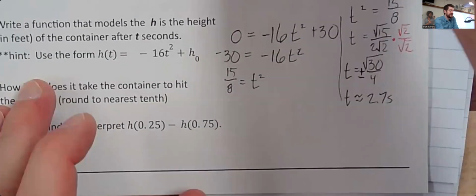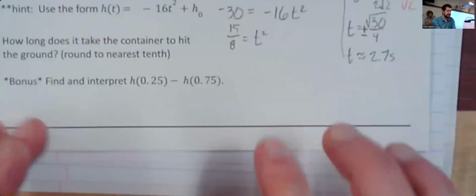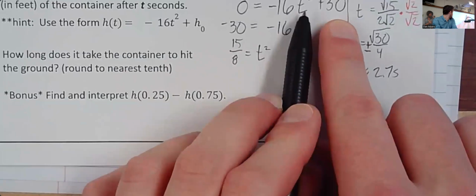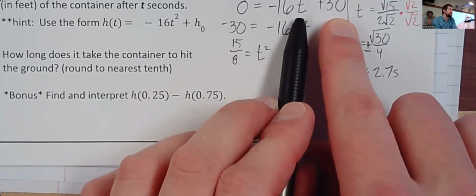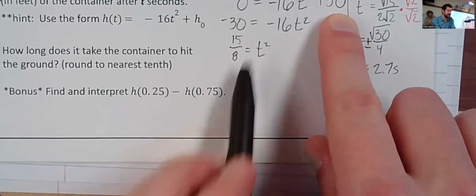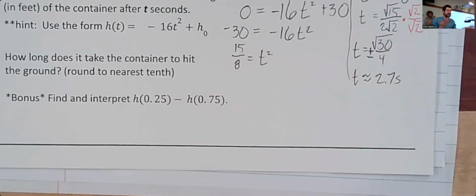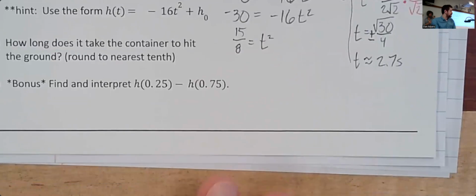Basically what that means is we're going to take our original function, this one right here, and plug in 0.25 for t. And then we're going to take our original function and plug in 0.75 for t, and then figure out the difference of those, and then try to understand what that means.